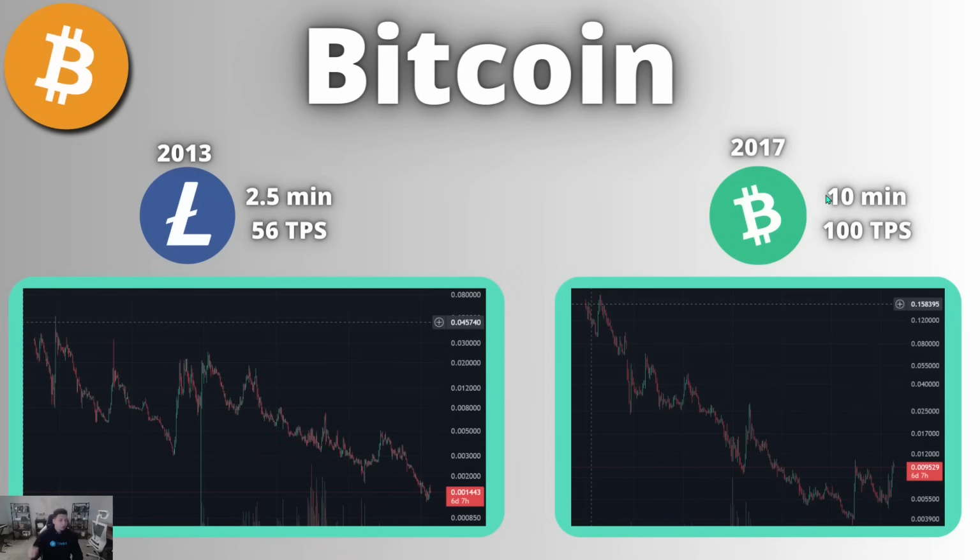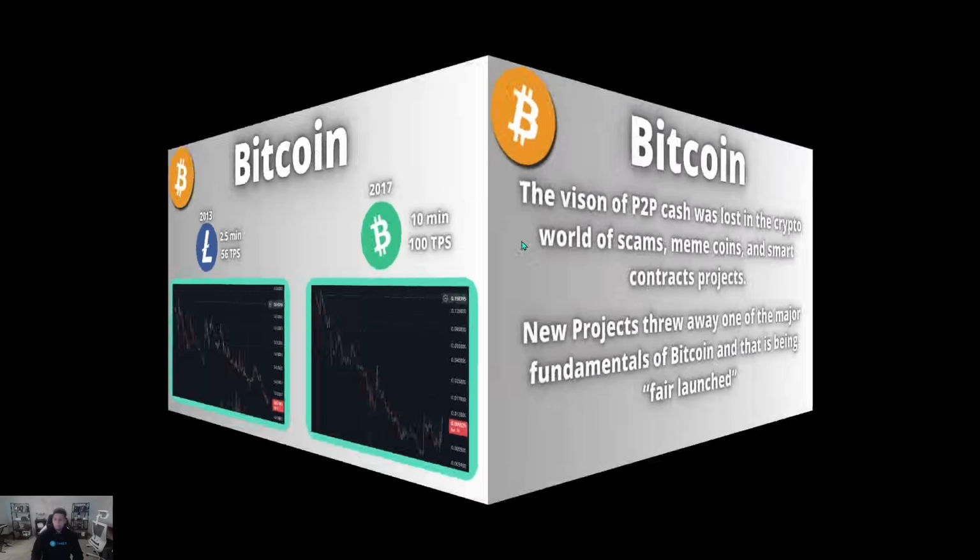This remained with 10-minute block times, but all they did was increase the space of how many transactions could fit in a block, and that way it increased the transactions per second to 100 transactions per second. But yet again, this coin has also only lost value against Bitcoin.